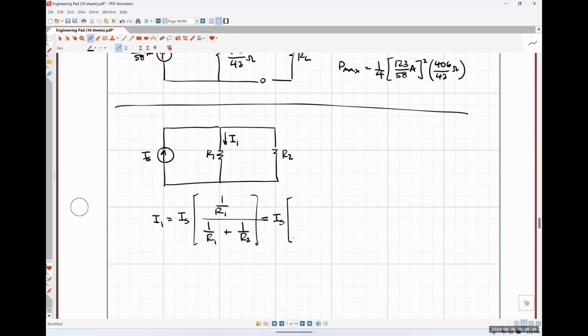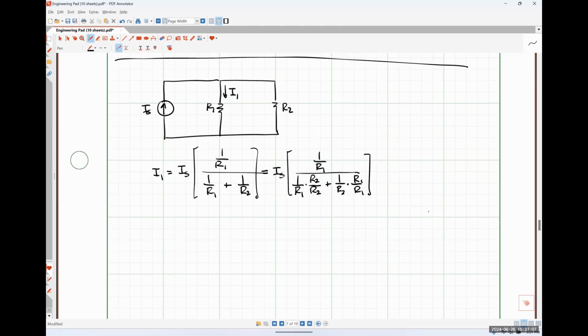I'll have IS, my 1 over R1 is still going to look just like 1 over R1. But now for this one, I'm going to have 1 over R1 and I'm going to choose to multiply by R2 over R2. And for this 1 over R2, I'm going to choose to multiply by R1 over R1. So all I'm doing is just multiplying each of those reciprocals in the denominator by a fancy version of the number 1.